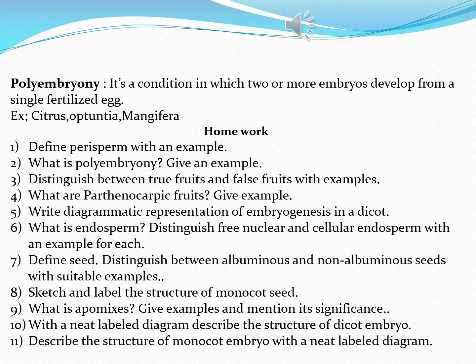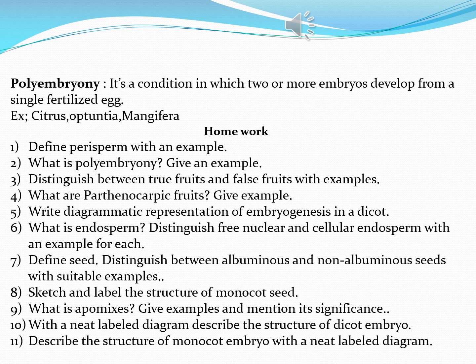We come to the last slide, where we discuss the concept of polyembryony. Polyembryony is a condition in which two or more embryos develop from a single fertilized egg. Poly means many.